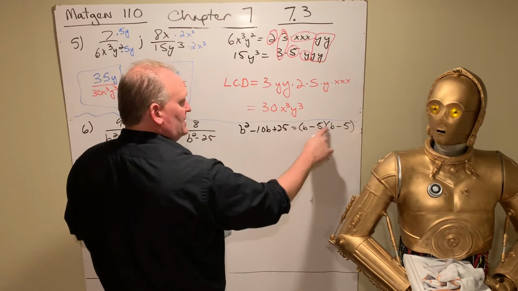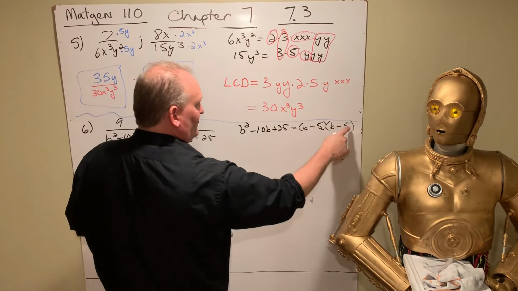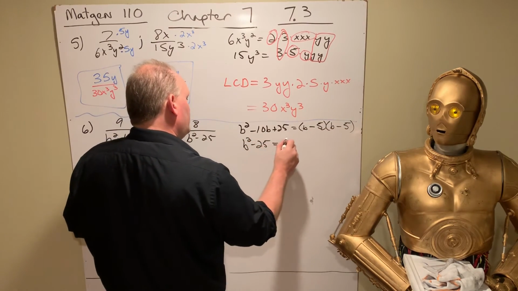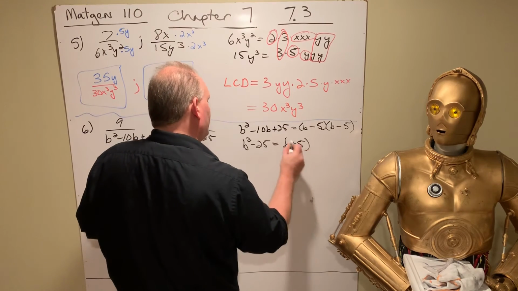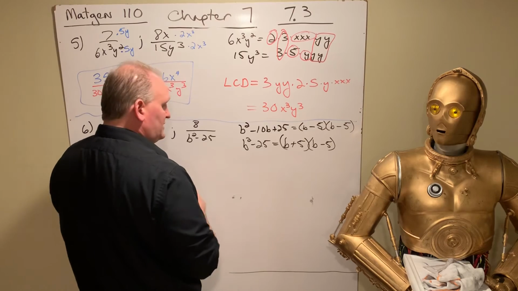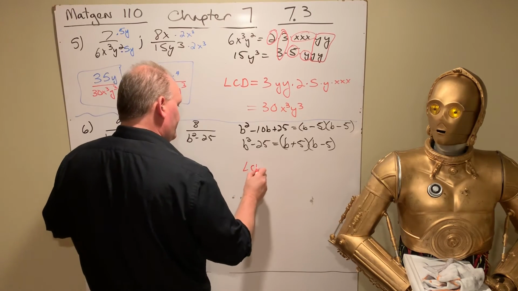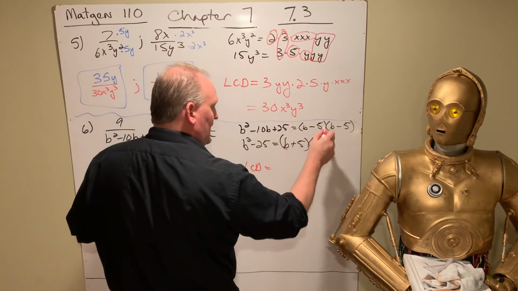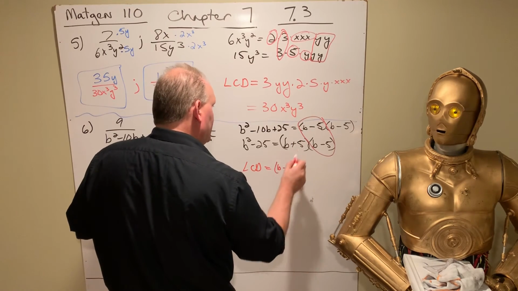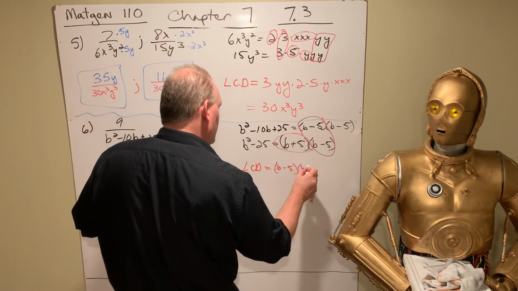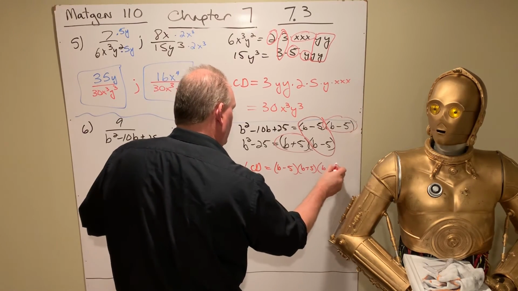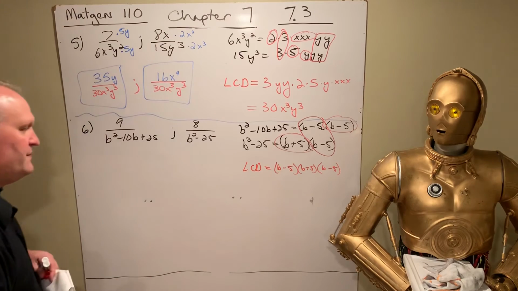A negative times a negative is positive, and negative 5 plus negative 5 is negative 10. b squared minus 25 is going to be b plus 5 times b minus 5, the difference of two squares, right? So when I do the LCD, we pull what they have in common. They both have a b minus 5, but then we take the leftovers, b plus 5, b minus 5. So b minus 5 quantity squared, b plus 5.